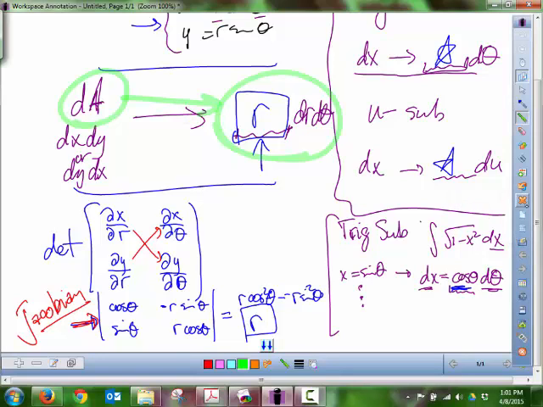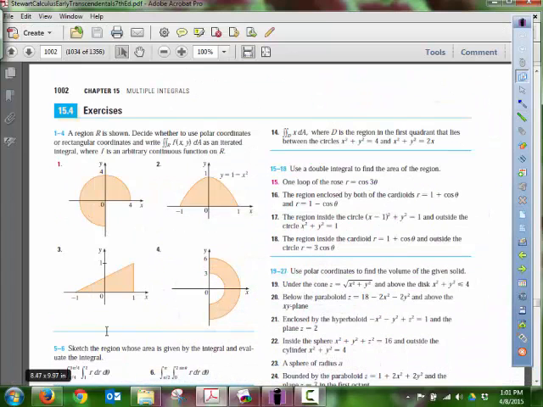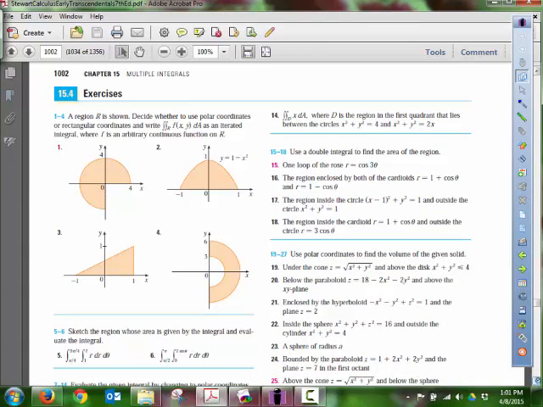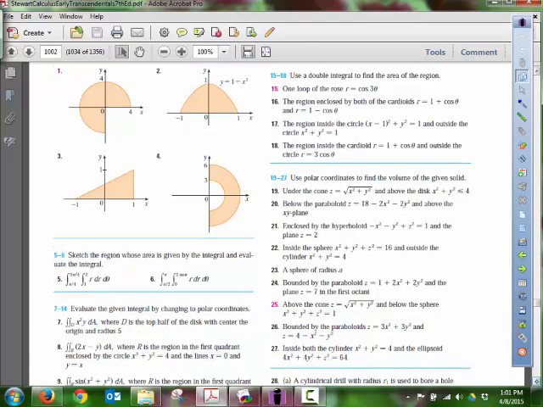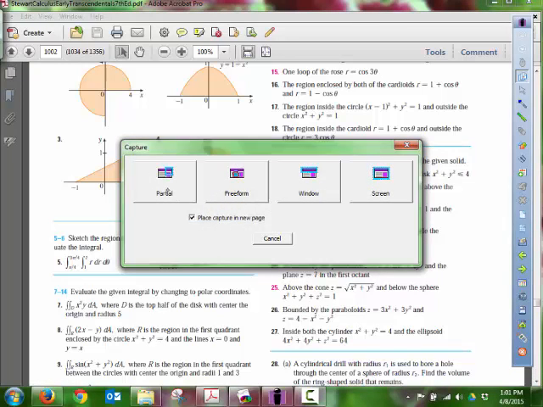So what are we going to do again? Oh, let's just do an example. So let's do like number 7. Let's start off with one of those types of examples.